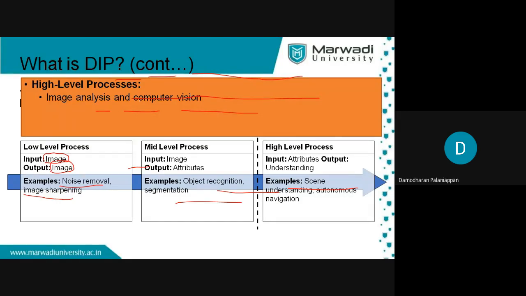From this small part, we take a particular part where the disease is affected. By taking this particular part, we again go for analysis, and then you can understand how much the disease has spread. This is the low level to mid level and mid level to high level process. In this way, digital image processing takes place.